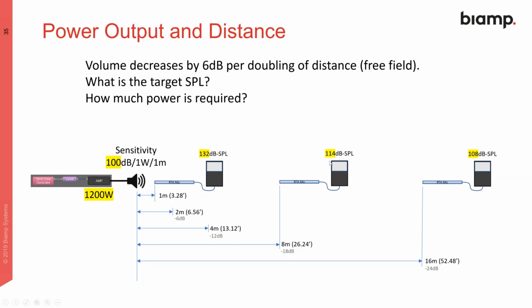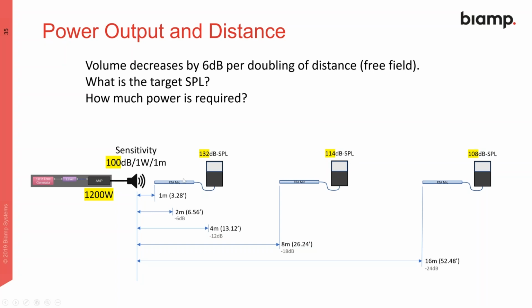So the SPL reading at 8 meters, 25 feet away roughly, is going to be 18 dB less than at 1 meter. If I go from somebody with their head right at the speaker to somebody 25 feet away, we'll lose 18 dB just because of the propagation through air as it spreads around. And if we double our distance again out to 16 meters or 50 feet roughly, we lose 6 dB more.